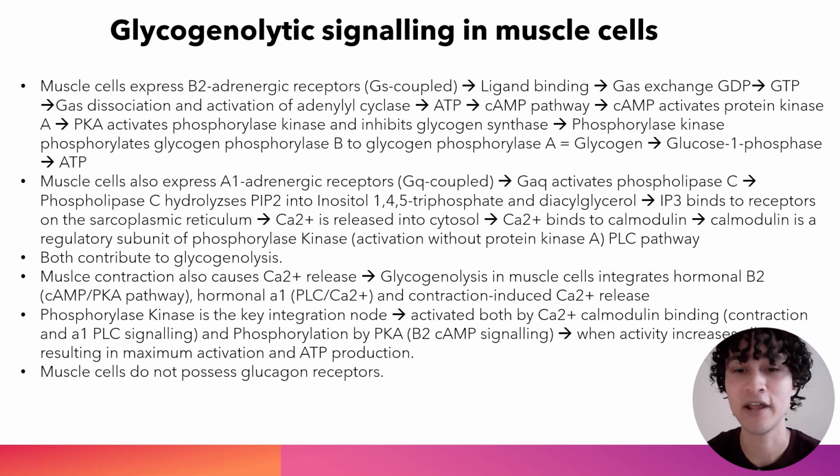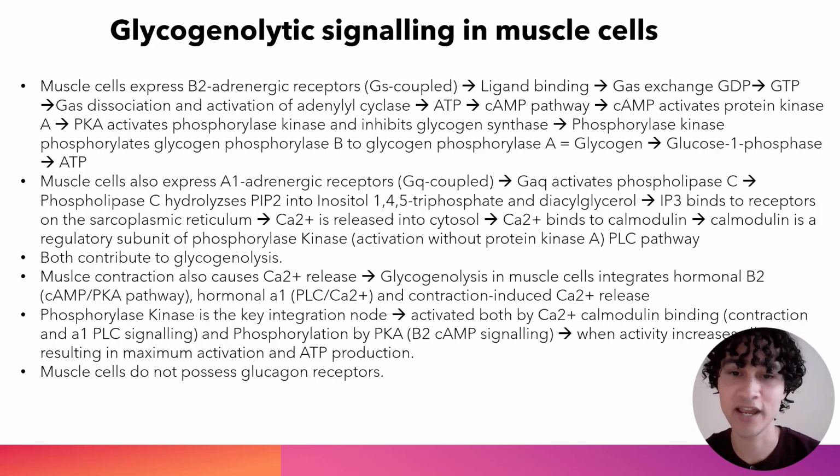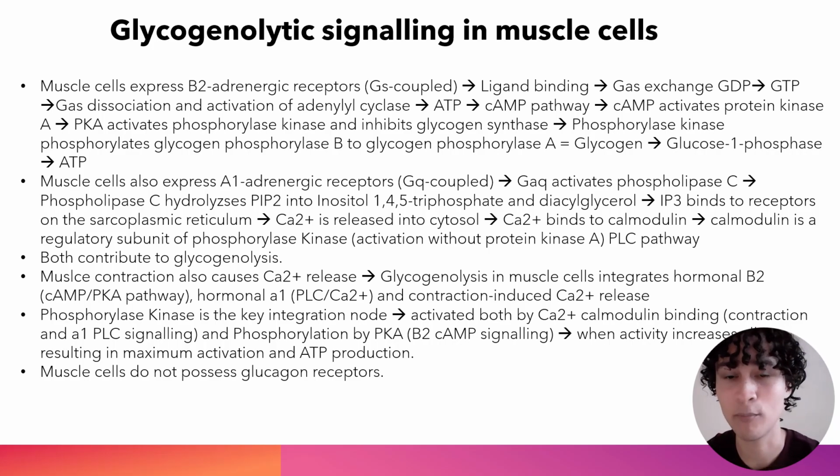Now, epinephrine, as most people call it, adrenaline, can signal through multiple different receptor pathways, and in muscle cells it signals through the beta adrenergic receptors, the beta 2 to be precise, and the alpha 1 adrenergic receptors. Now, they're both G protein coupled receptors, but they actually initiate different signaling pathways. So the beta 2 adrenergic receptor is a Gs coupled protein receptor.